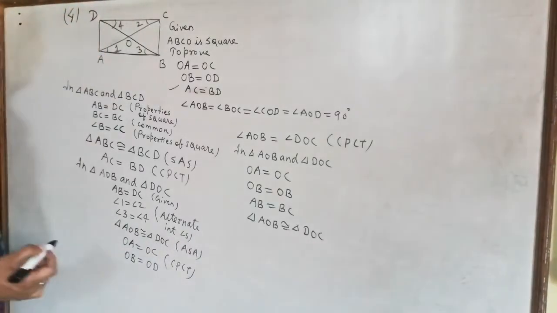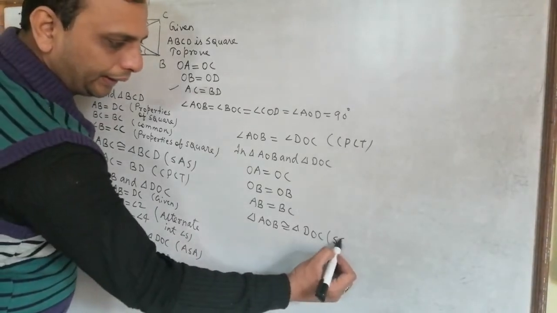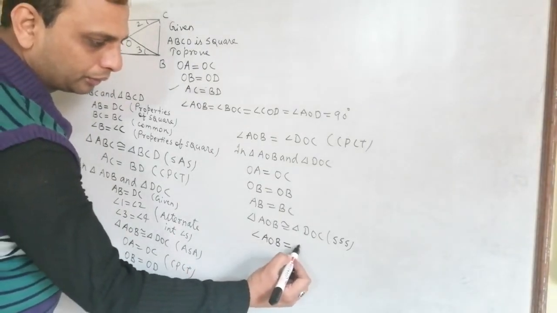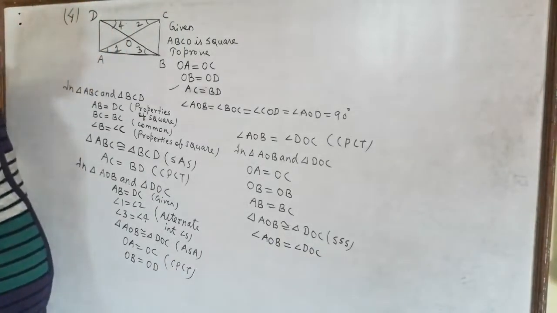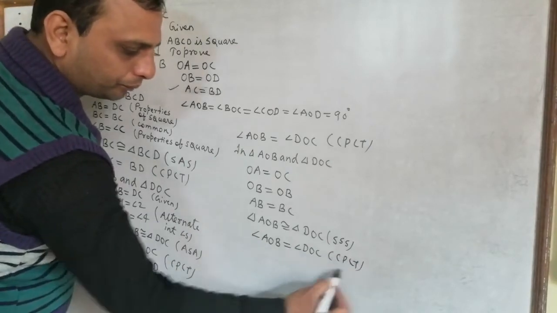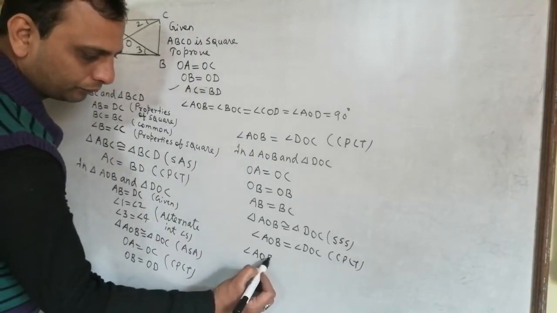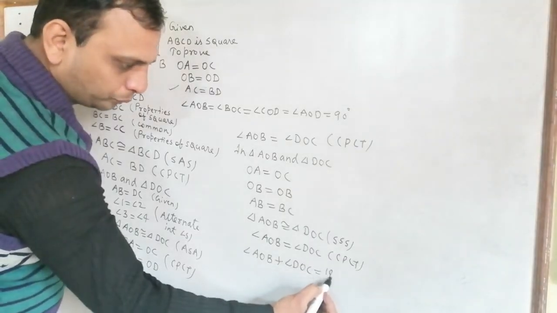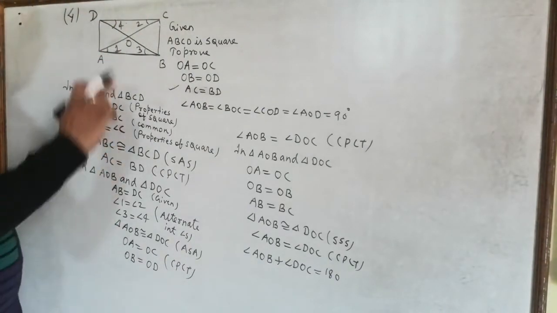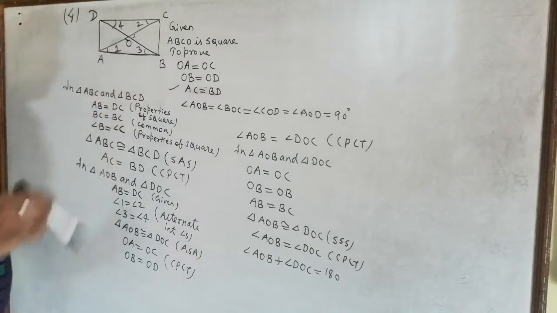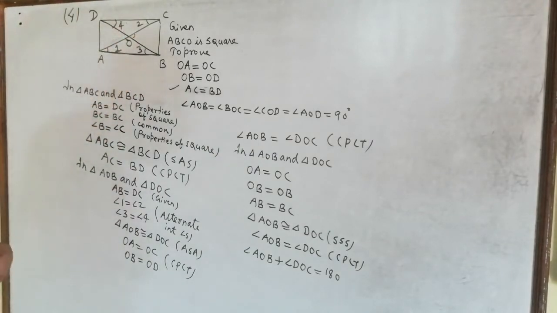If two triangles are congruent by SSS criteria, then angle AOB will be equal to angle DOC by CPCT. Now AOB and DOC are forming a linear pair, so we can write 180 degrees.